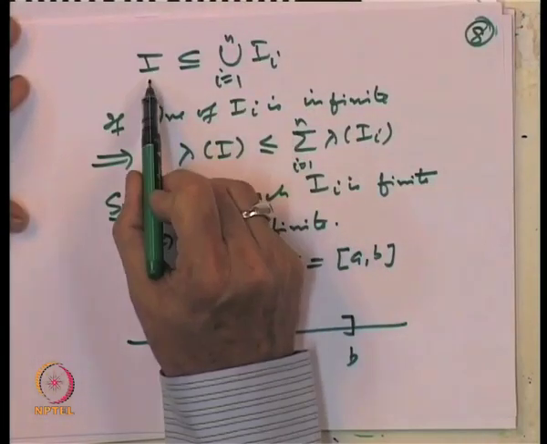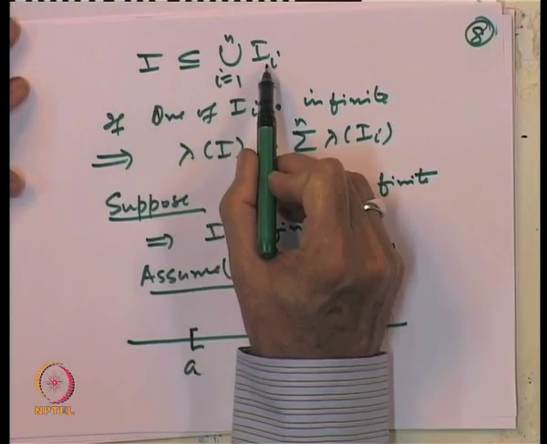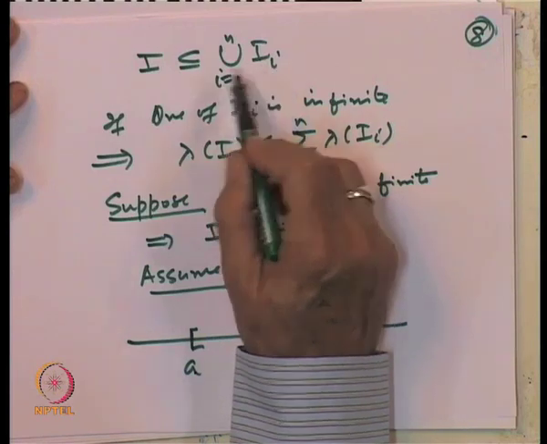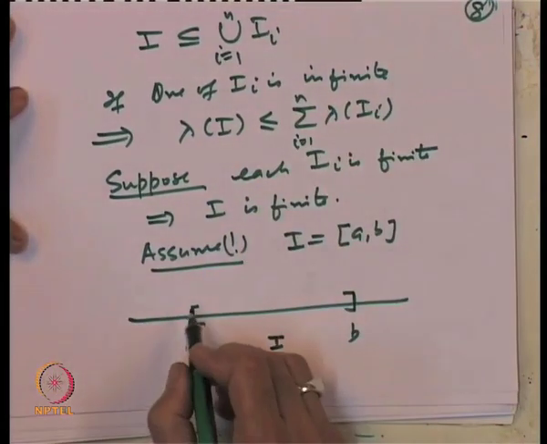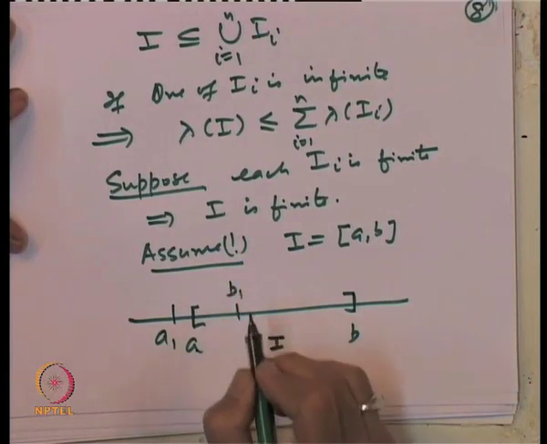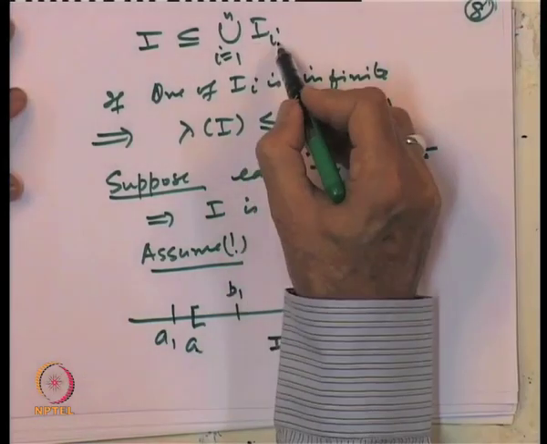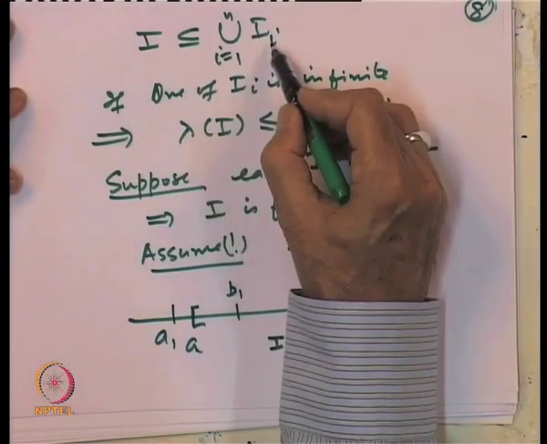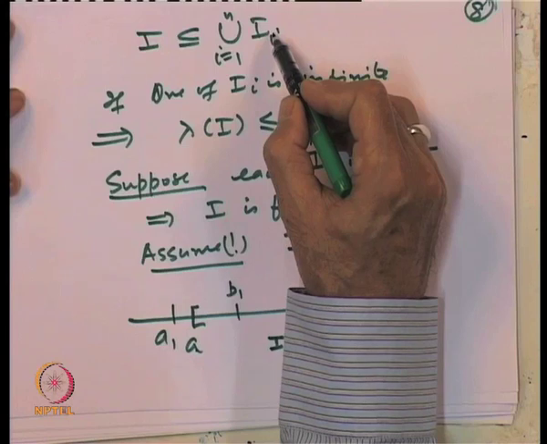So, a belongs to I, that means it belongs to this union. So, it will belong to at least one of the intervals I_i. Let us name any one of them which contains the point a to be I_1, and let us say the end points of that are a_1, b_1.